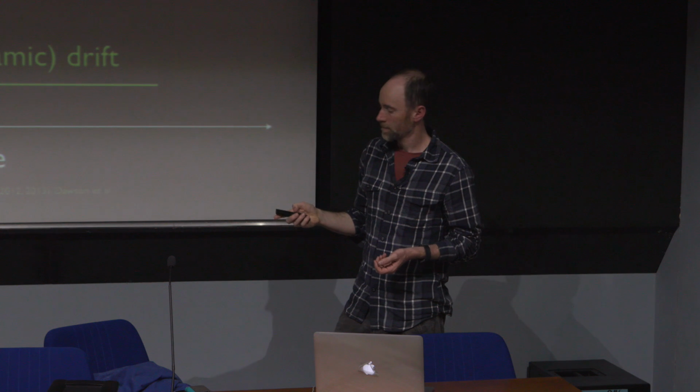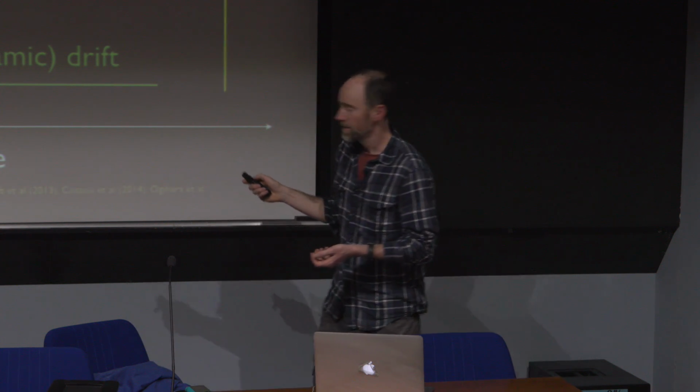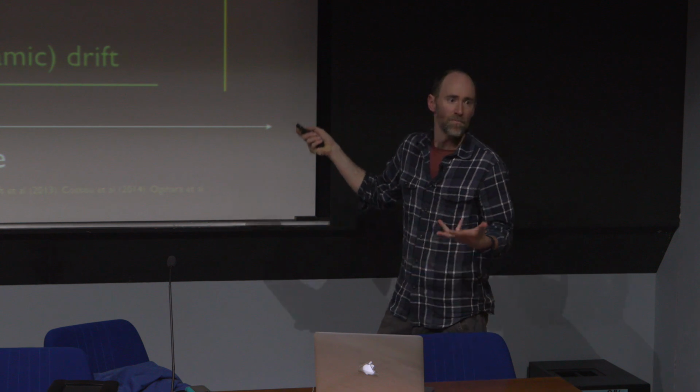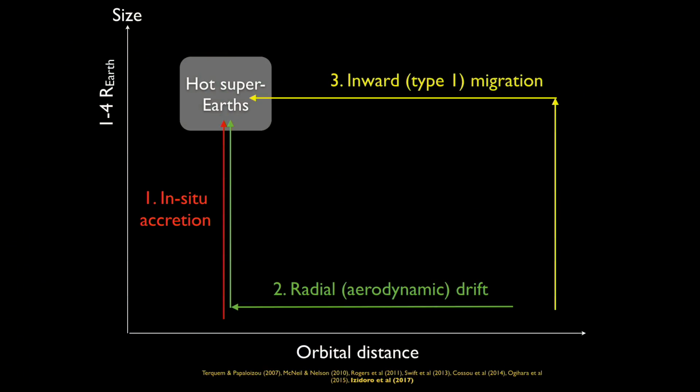Or maybe it's the opposite, where things get relatively big relatively far out, and then they migrate inward, so most of the growth happens far out, but things migrate inward afterwards. Those are the three classes of models I'll talk about. Remember, the punchline here is, let's first test this in situ accretion model.